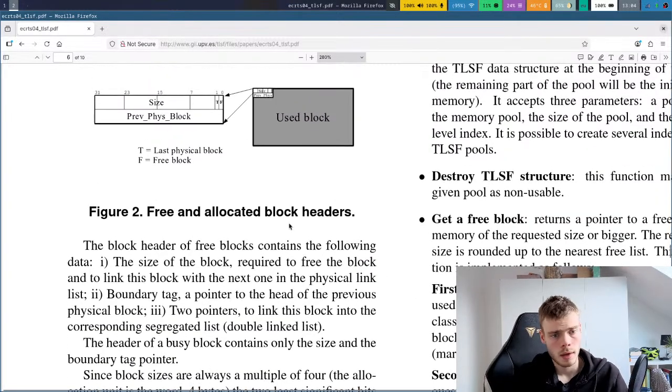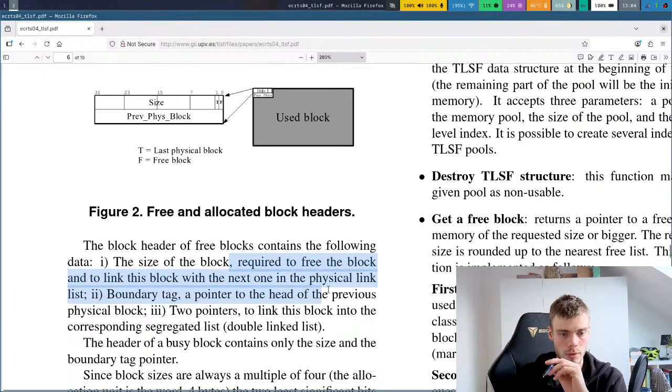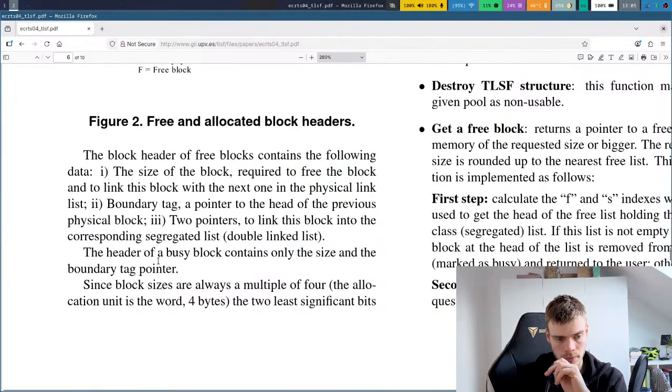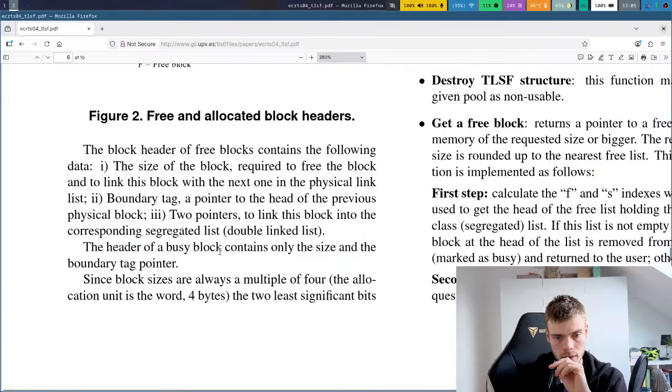Okay. The block header for free blocks contains the following data: the size of the block, required to free the block and to link this block with the next one in the physical linked list; the boundary tag, a pointer to the head of the previous physical block; and pointers to link this block into the corresponding segregated list.